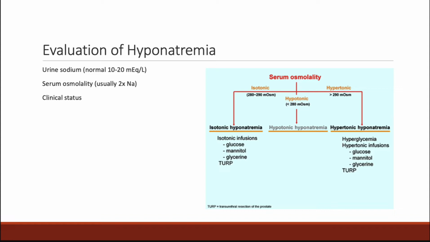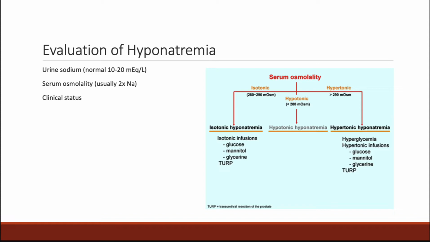We're going to start by evaluating whether they are hyponatremic. Now, remember, when we're dealing with electrolytes, some of those electrolytes are in the blood, some of them end up in the urine. So we need to figure out what the kidney's role is in all of this. We almost always want to get a urine sodium along with the serum sodium, a serum osmolality, and those things.